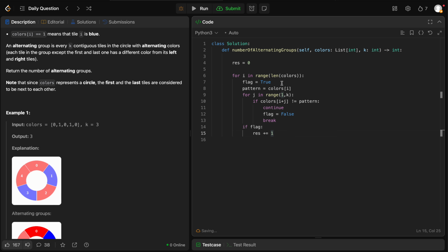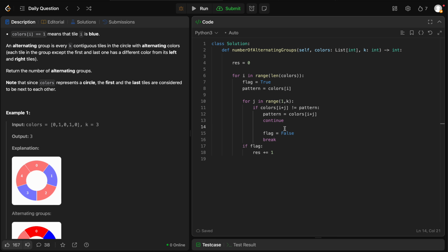So for each one I want to start. I need to check if colors is different than pattern, and then pattern is equal to this, and I need to go to the next one.